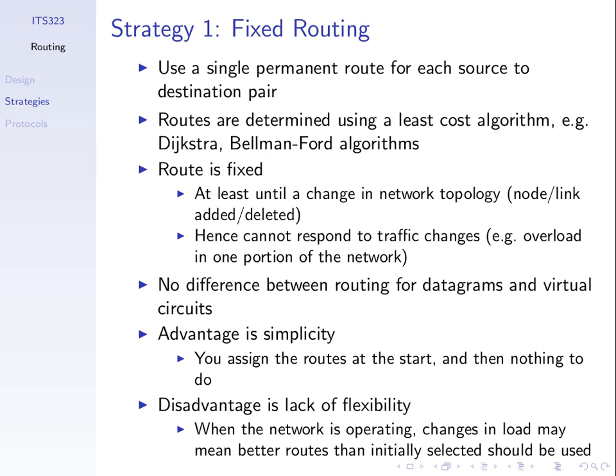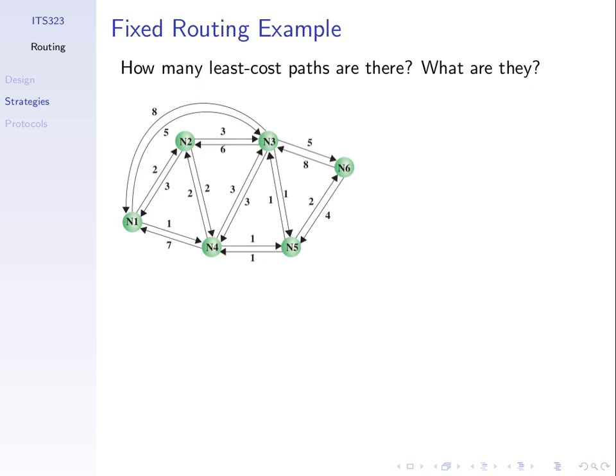We calculate the paths and store information about the paths in the switches, in the nodes. And when a packet is sent, it looks at that information to determine the next node to send it to. In our example network, how many paths do we need to calculate? For the entire network, how many paths do we need to calculate?